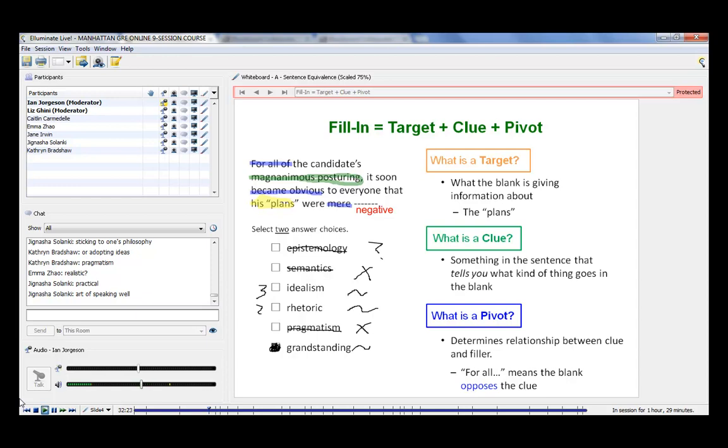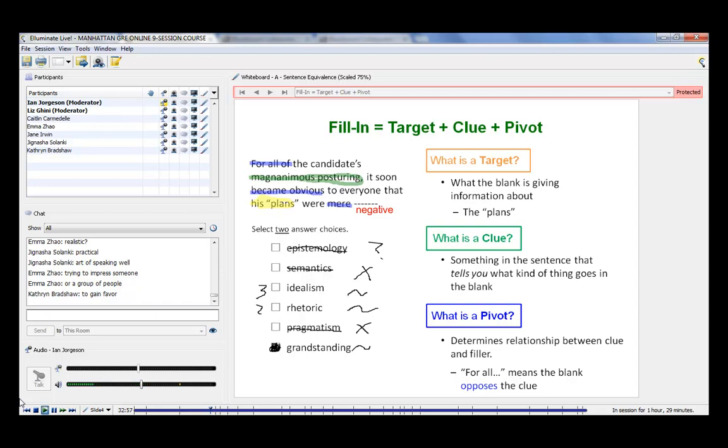Well, what does grandstanding mean? Okay, maybe trying to impress someone or a group of people to gain favor. Sure.